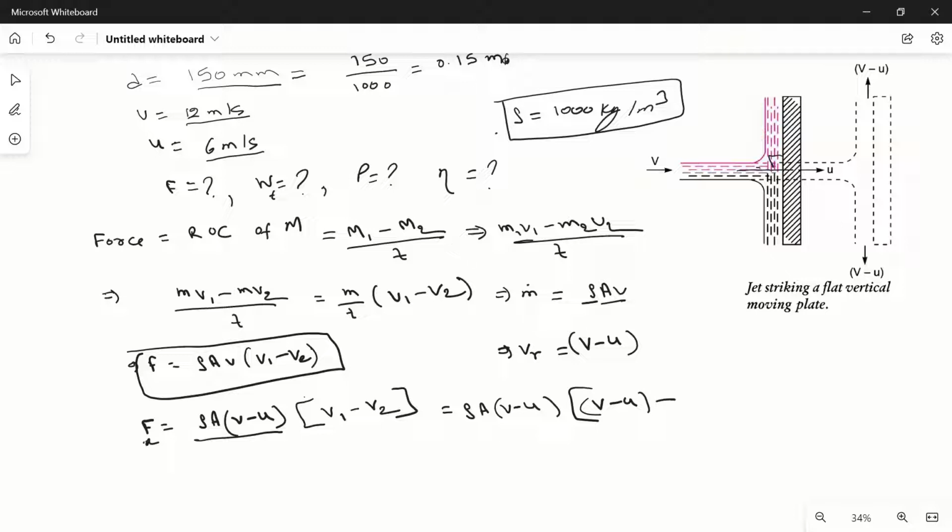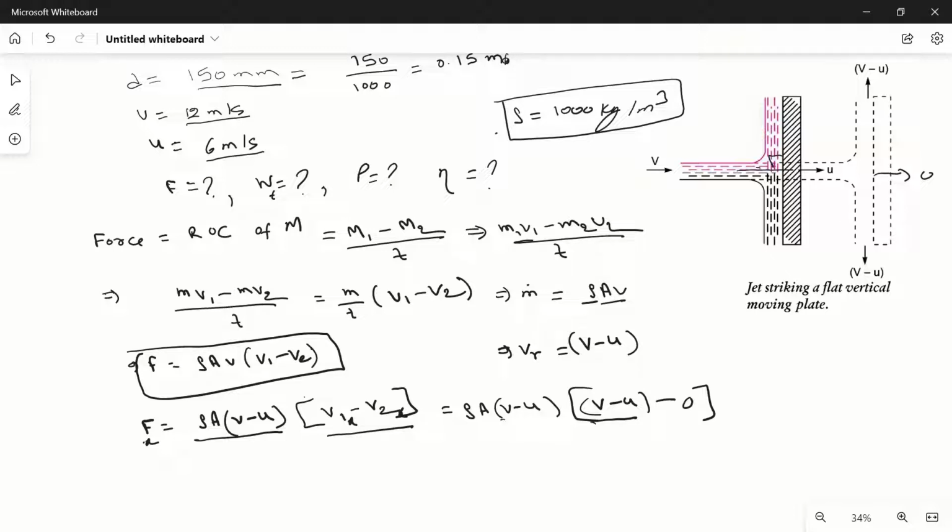In horizontal direction we are calculating the force. So v1 in horizontal direction was v minus u, and in horizontal direction after striking the plate there is no fluid, so velocity will be 0. This velocity is in vertical direction, but we are calculating in the horizontal direction. So v1x, and this is v2x, means velocity at inlet in x direction, which is v minus u.